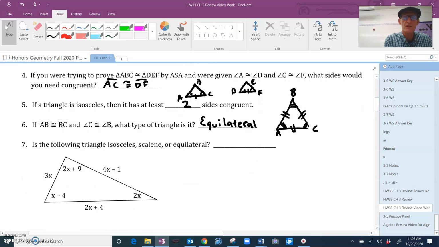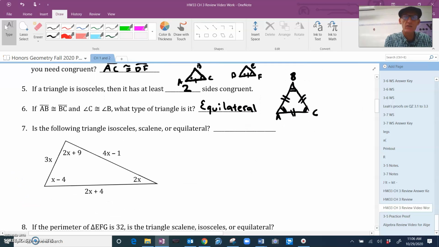Number 7, is this triangle isosceles, scalene, or equilateral? Well, the only fact that we have is that the 3 angles equal 180. So what I have to do is take this expression and this expression, and add them together to get 180. So 2x and 1x is 3x, and 2 more x is 5x.